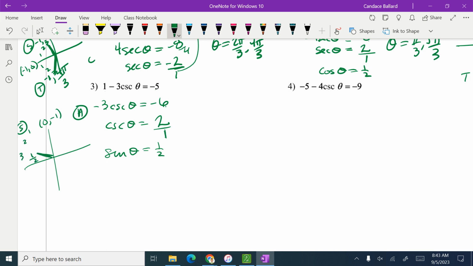And then this one would be 1, 2, 3 and then in the x value, and the 1 is right there. What's this first one here? Pi over 6. And then what's this one here? 5 pi over 6. Good job. It should be getting easier because we've done it a lot.